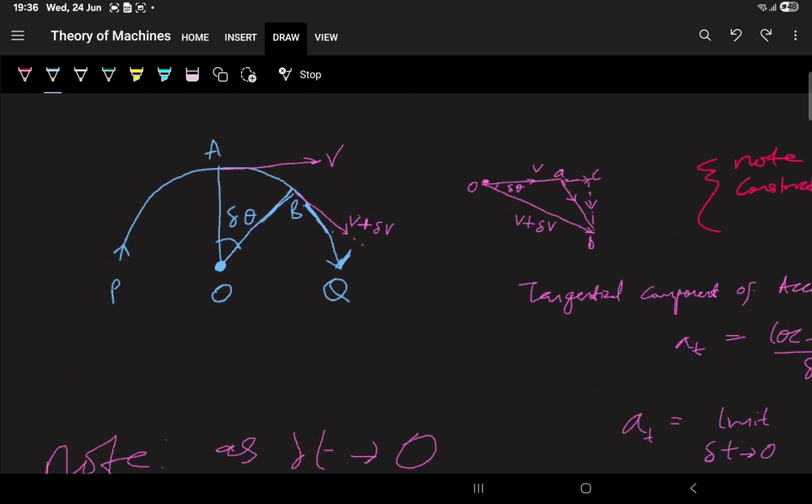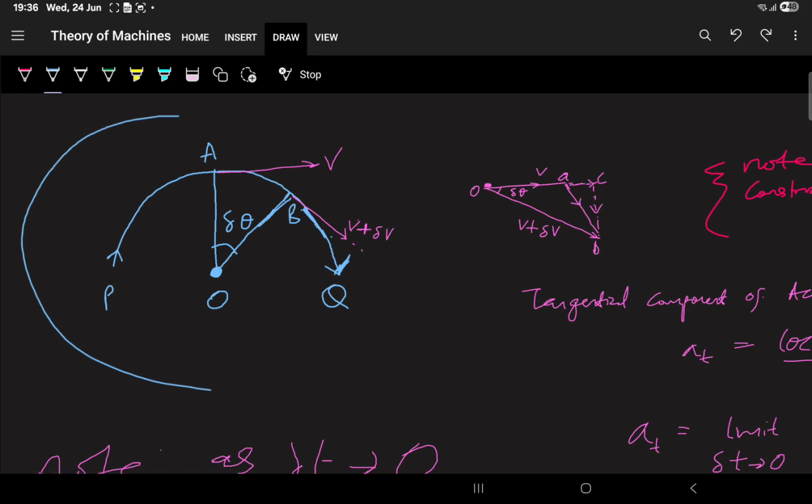Now, in this circle portion, we're going to assume this is a circular motion.